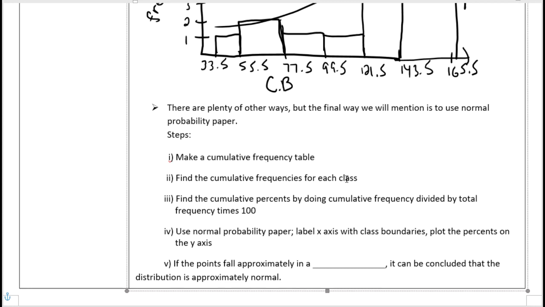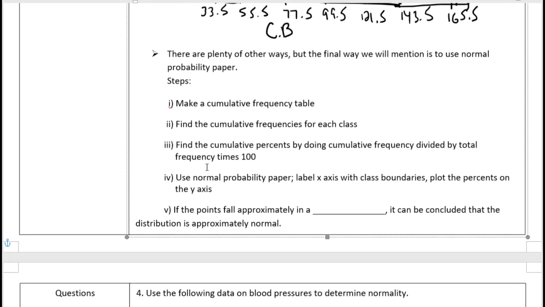You find the cumulative frequencies, convert them to percents, and then plot them on the probability paper. If the points fall approximately in a straight line, then you can conclude that it's approximately normal. It's a very interesting property of the probability paper.